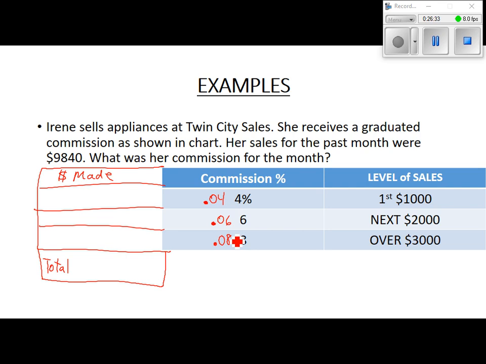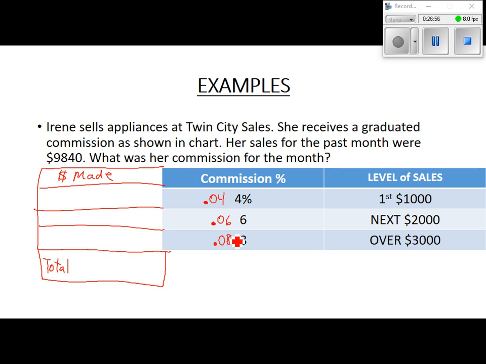So it says Irene sells appliances at Twin City Sales. She receives a graduated commission as shown in the chart. Her sales for the past month were $9,840. So she sold a total of $9,840 of appliances.